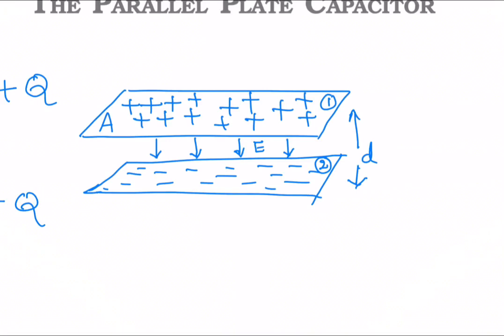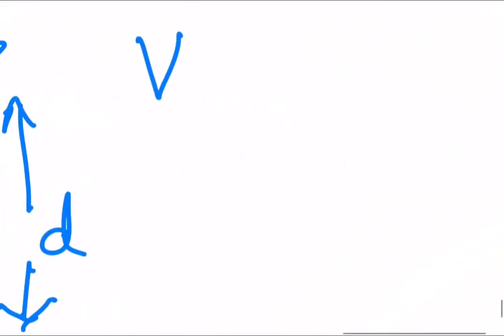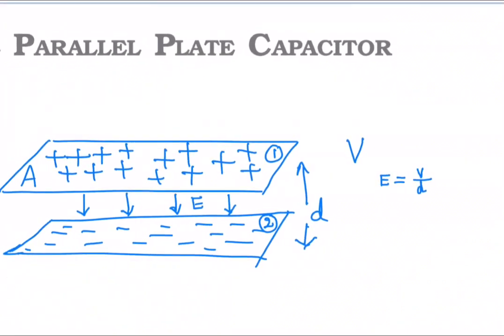If V is the potential difference between plate 1 and plate 2, it is found that the electric field is related to the potential difference between the plates divided by the distance between them. E is equal to V by d, or V is equal to E times d, the potential difference between the two plates in the case of a parallel plate capacitor.